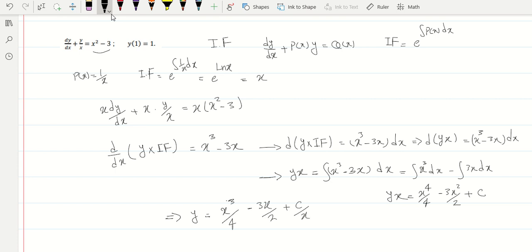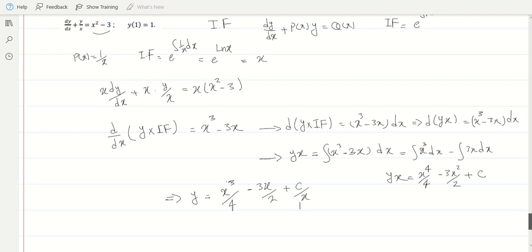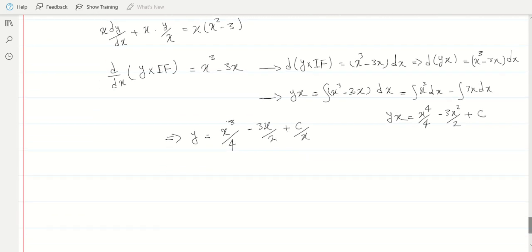Now in order to find the c value in here, we are going to use the initial conditions which is mentioned in the question. As you see in the question, it is saying that at x equal to 1, y is equal to 1 as well.